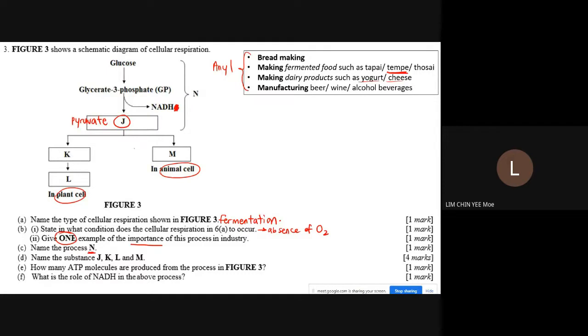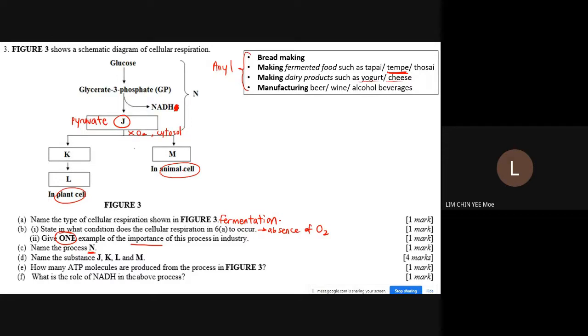Please correct that in your photocopy past year questions. NADH and then another one FADH2. Itu baru ada 2. Ini tak ada NADH. And yes, J is pyruvate. And then we say when there is no oxygen, then dia akan start fermentation in cytosol.